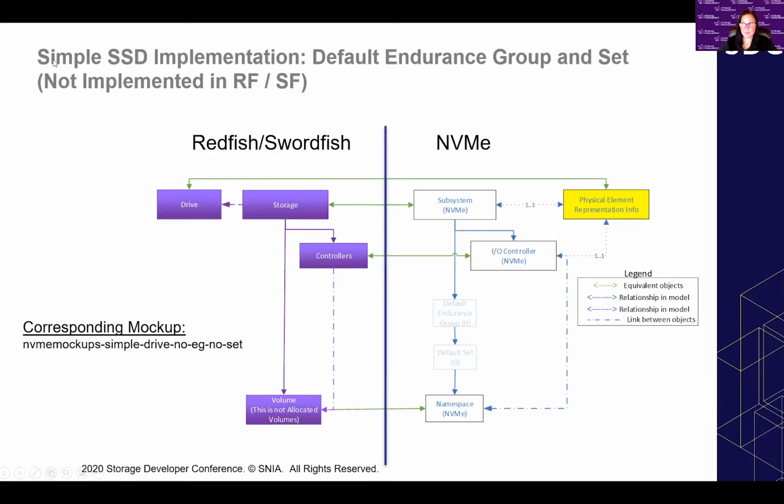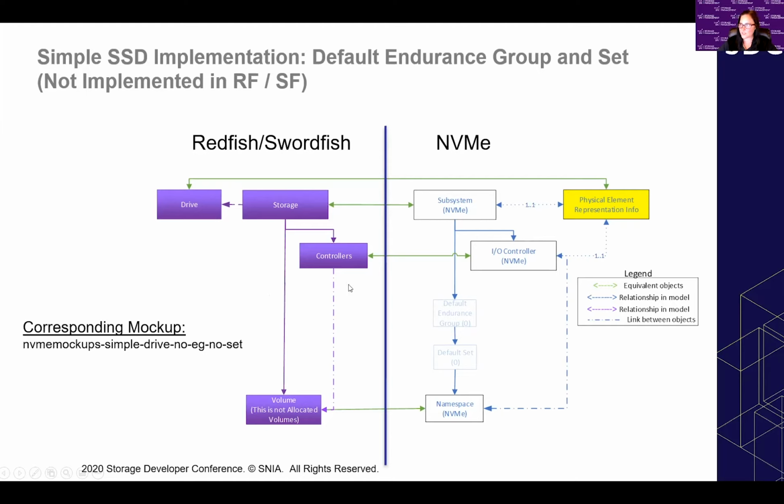So you can see the simple SSD implementation with a default endurance group and set. You can see these are grayed out over here, or lightly blued out. Because these are default, what that actually means in the NVMe space is that they don't actually need to be implemented.